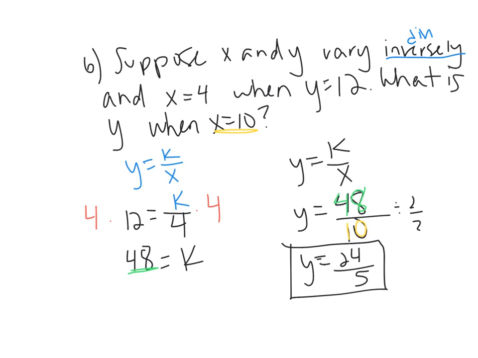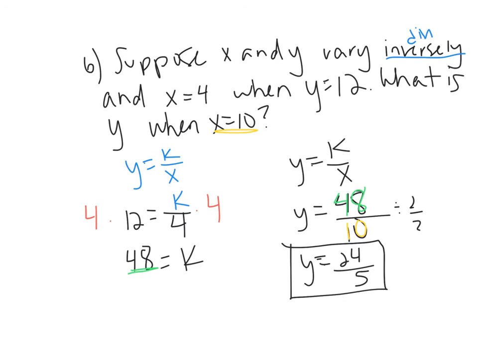Start with your basic variation: if it varies inversely, that means y equals k over x. Plug in what you know, your x and your y, to find that constant that never changes. And because it's a constant, every time you're going to be plugging in 48 for that k value. So here y equals 24 over 5.